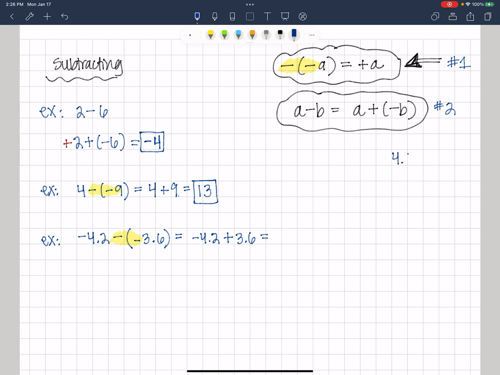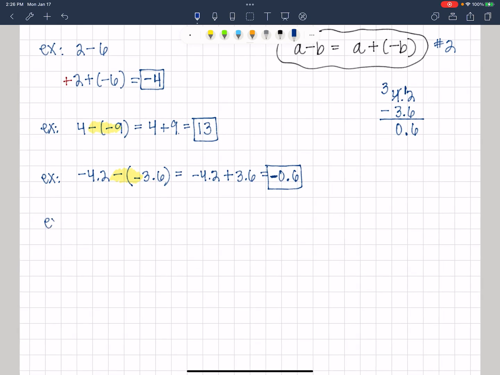Now I have an opportunity to subtract 4.2 and 3.6. When I'm subtracting decimals, we're going to borrow 1 from the ones place and make that, instead of a 2, a 12. 12 minus 6 is 6. 3 minus 3 is 0. So the difference, because we have different signs subtract, is 0.6. But because 4.2 has a larger value than 3.6, we're going to take the sign of 4.2, which is negative. Negative 0.6.